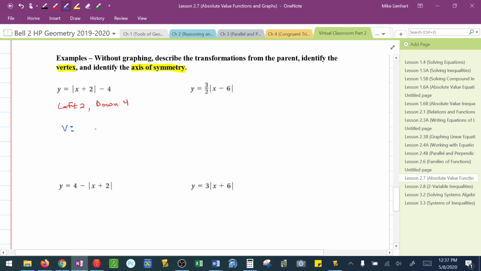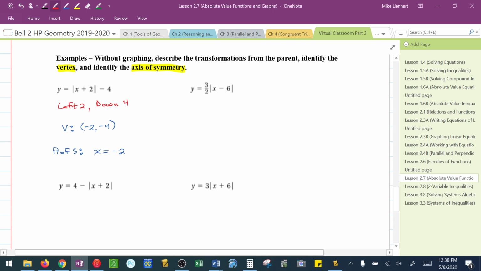If I go left 2 and down 4 from 0, 0, I'm at -2, -4. There's my new vertex. I know that the axis of symmetry, A of S, has to be a vertical line, x equals, going through the x value of the vertex. And that's it. All right, let's take a look at this now.